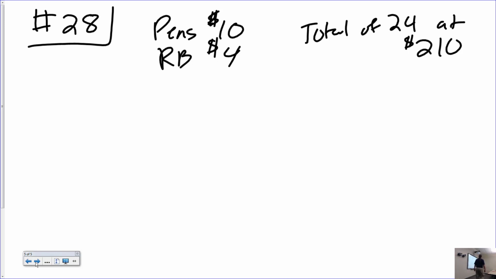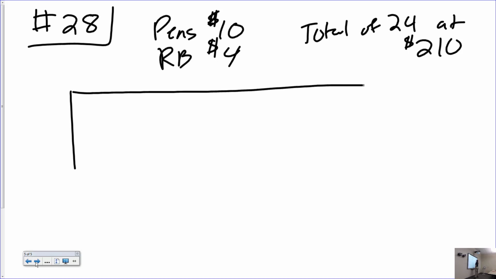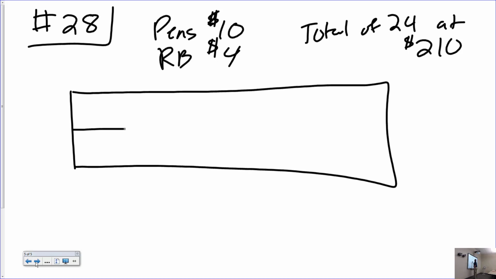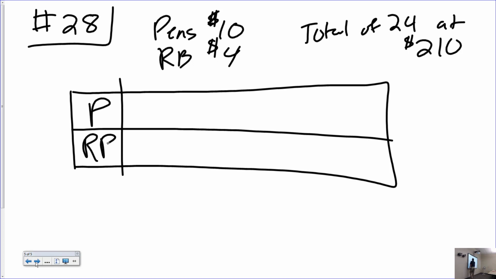So, you've got prices, and they told you a total dollar amount. What do we need to build? A table. Wise maneuver. Pens, rubber bands. Pens are $10.